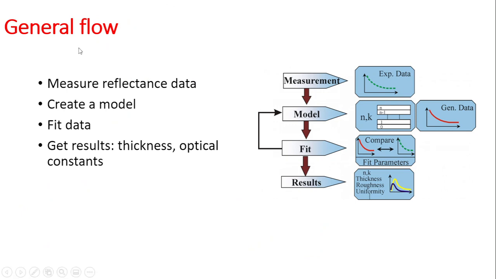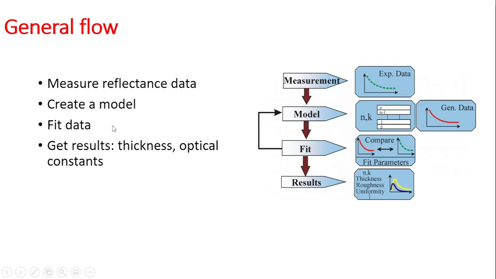The general workflow when using ellipsometry is that you collect the reflectance data using the ellipsometer, then you create a mathematical model and fit your experimental data using that model. These mathematical models are usually defined in terms of optical properties such as refractive index, extinction coefficient, film thickness, and various other properties.